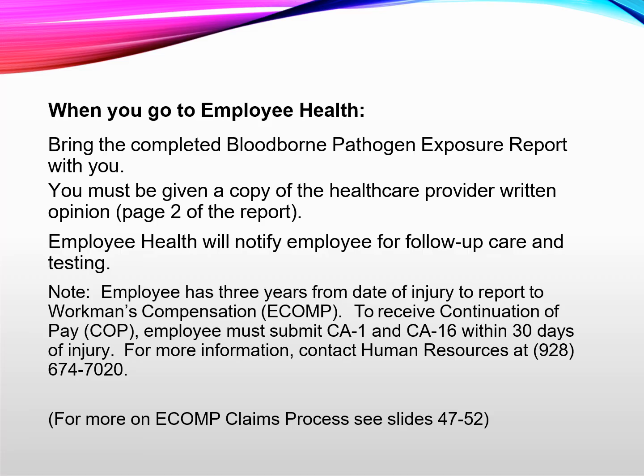When you go to Employee Health, as stated, bring the report that the provider has filled out. You will be given a copy. Employee Health will notify you for follow-up care and testing and give you any applicable results. And you can see that you have 3 years from the date of injury to report eComp submission.